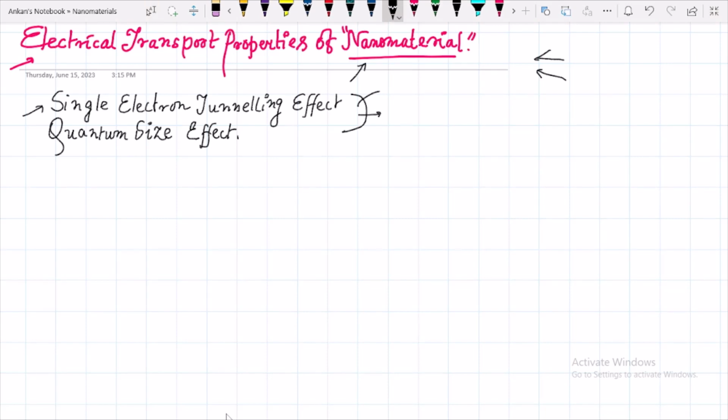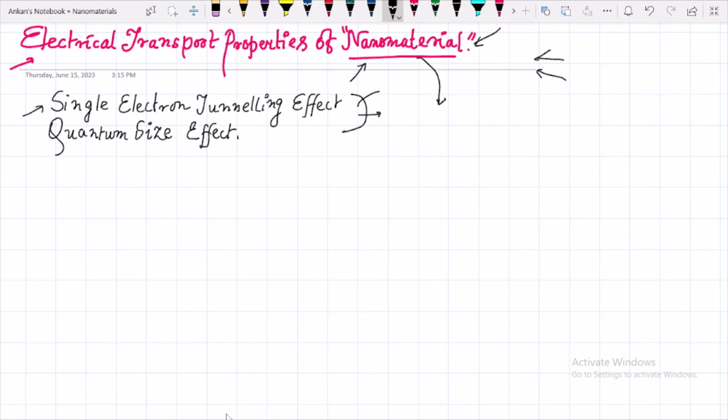And for the quantum size effect, due to the reduced size of the bulk material in the case of nanomaterials, the quantum mechanical effect gets dominant here. So there lies a huge difference between conventional devices, in the sense that the electronic transport is governed by quantum mechanics in the case of nanomaterial.